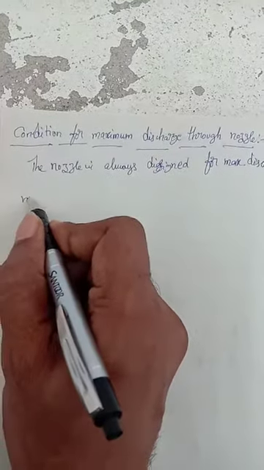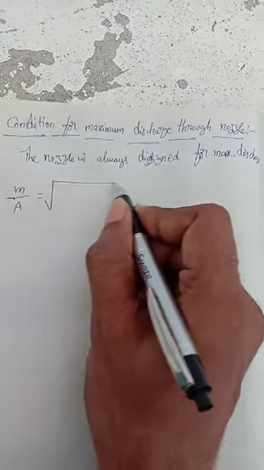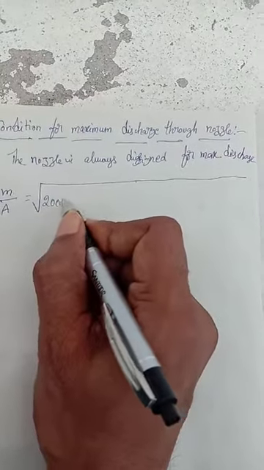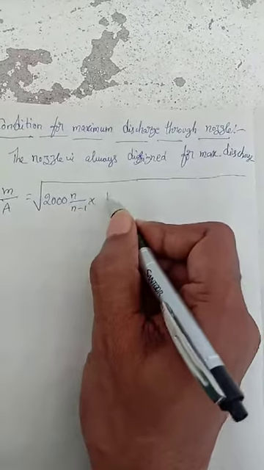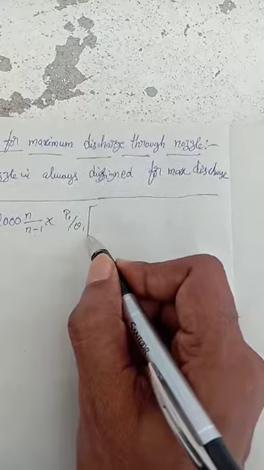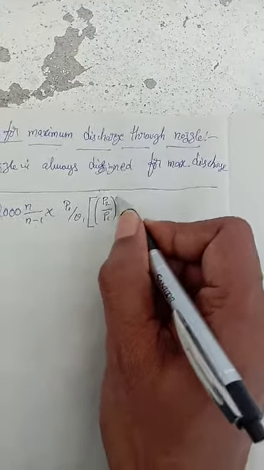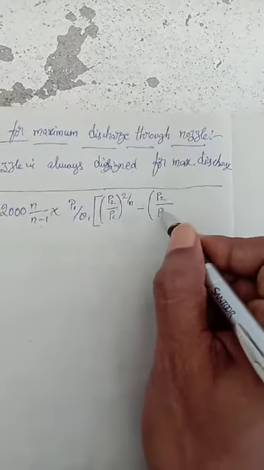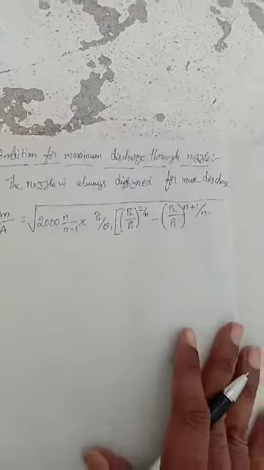Then you can write down the equation m by a is equal to whole root of 2000 n by n minus 1 into P1 V1 into (P2 by P1 to the power 2 by n minus P2 by P1 to the power n plus 1 divided by n).